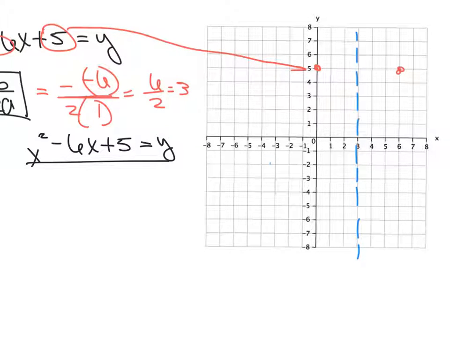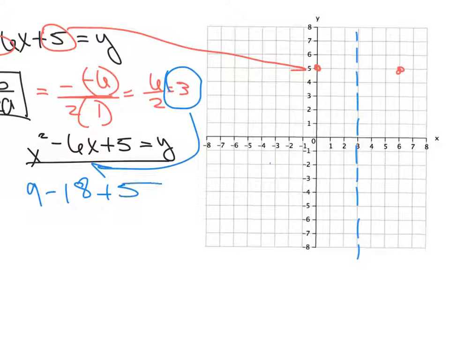So the next part is to find out exactly where it has its lowest point. We do that by taking this 3 and putting it in the original equation. 3 times 3 is 9, minus 18, plus 5. 9 minus 18 is negative 9, plus 5 is negative 4.